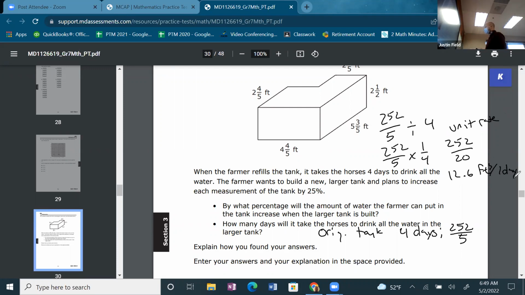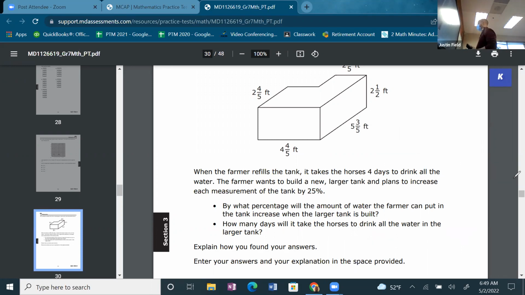And so how many days will it take the horse? Let's write this down: 12.6 feet cubed for 1 day. So we just got to take that larger volume and divide it by 12.6. The larger volume was 3150 divided by 12.6.